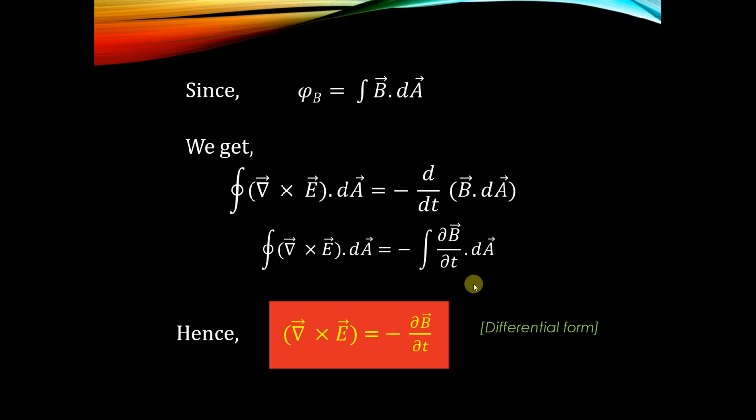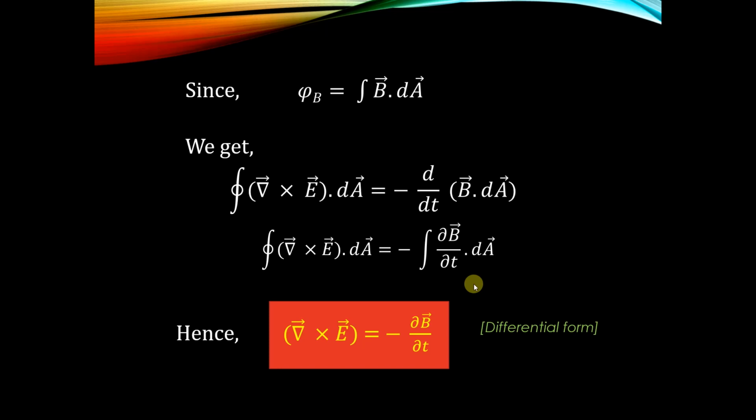So in this particular lecture, we have talked about Gauss law in electrostatics and then in magnetostatics. So we got Gauss law as del dot E is equal to rho by epsilon naught, that is the divergence of electric field. The Gauss law for magnetism says the divergence of magnetic field del dot B is equal to 0. The Gauss law in electrostatics we used to get two important relations, the Poisson equation and the Laplace equation.